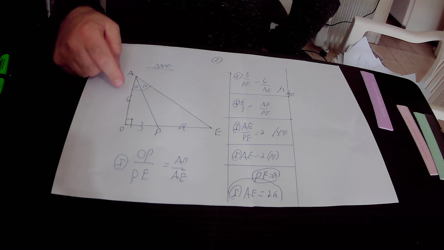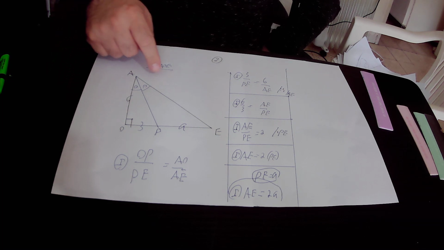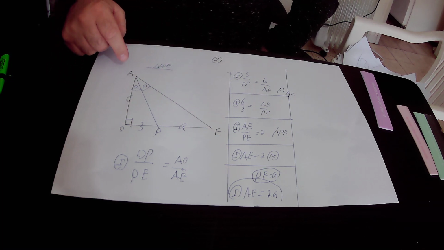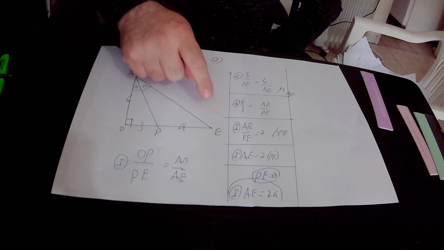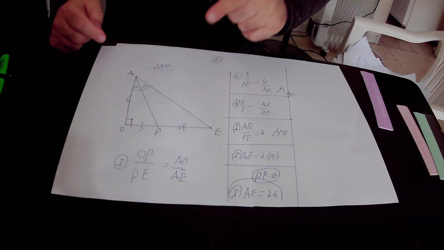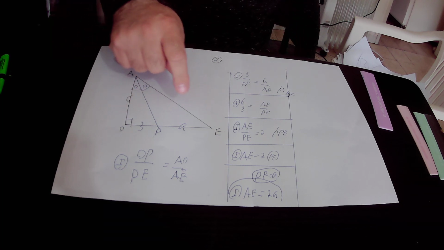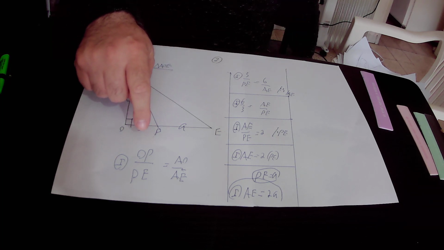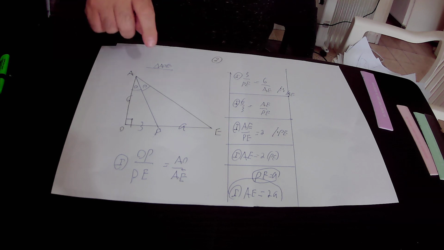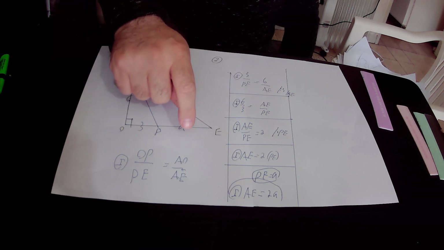The first leg is AO and the second leg is AE, and the ratio between those two legs is AO over AE. And that ratio equals the ratio that angle bisector AP divides side OE, that is to say OP over PE. In conclusion, OP over PE equals AO over AE.